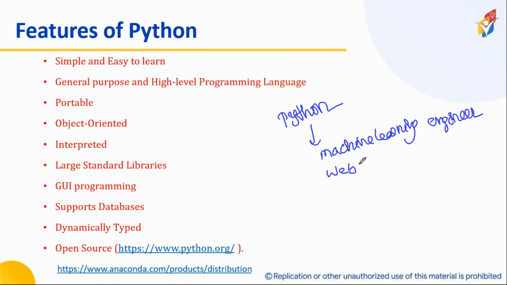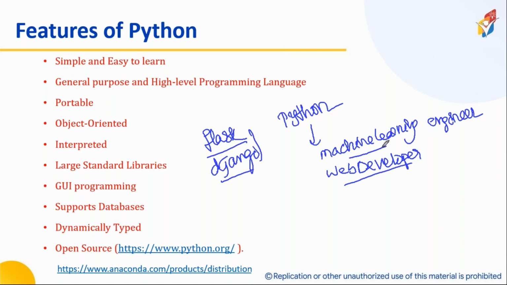You can also go for web developer. You can ask one question: sir, how can we become a web developer? Because Python supports two libraries, Flask and Django. By using these two libraries, I can go for web development.